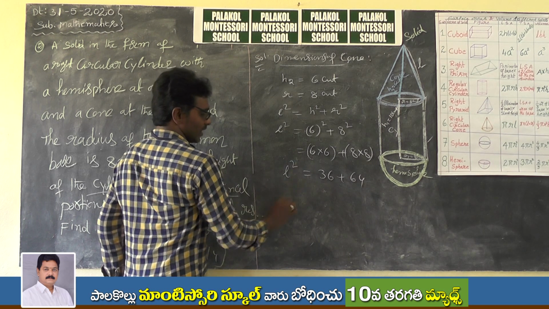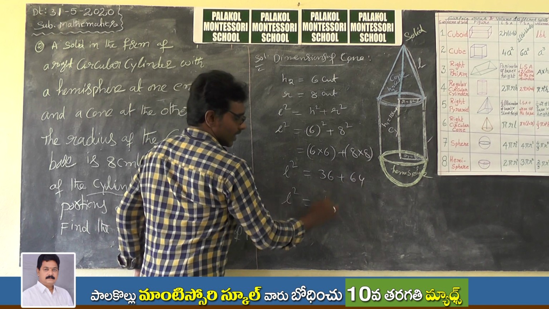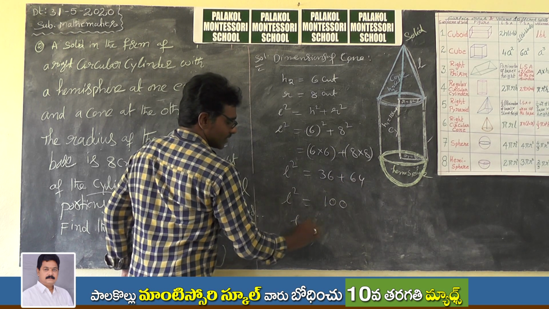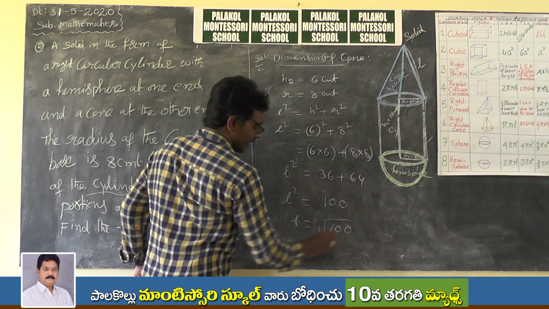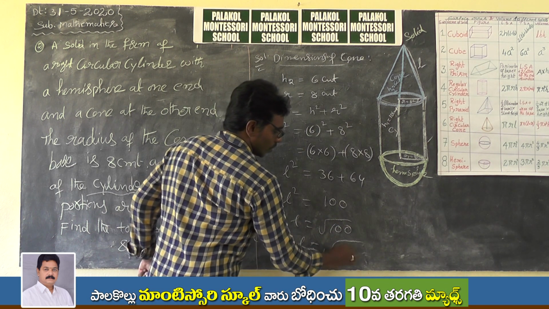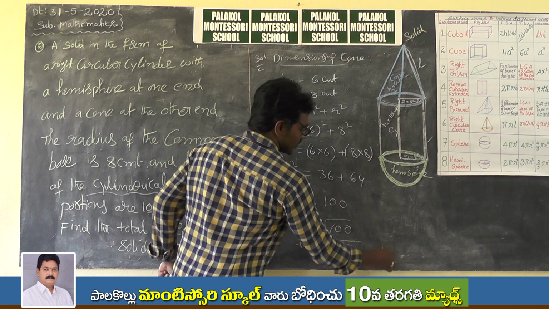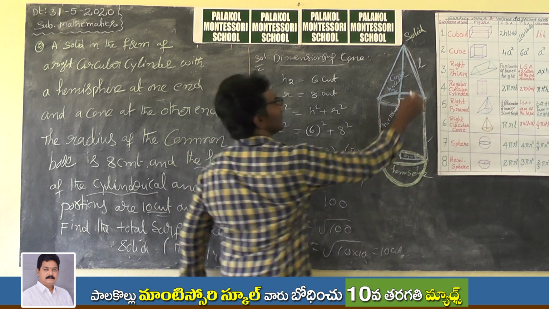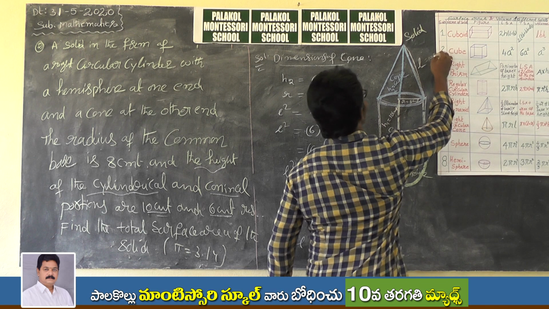L square is equal to 100. L is equal to root 100, root of 10 into 10, which is 10 centimeters. L is equal to 10 centimeters.